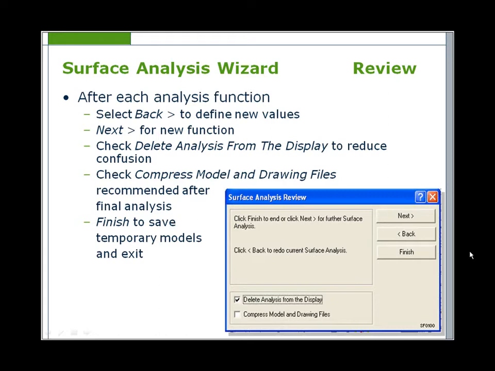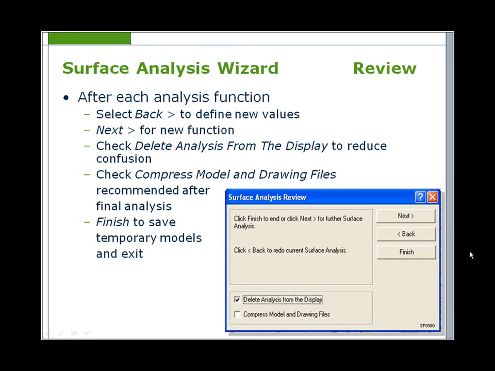It says next for further surface analysis, back to undo what you've just done, or finish to exit. Now when you go next, at the bottom, the current analysis that you've just asked MX to process will be deleted from the display by default. If you want to keep that analysis on the display, uncheck the box.